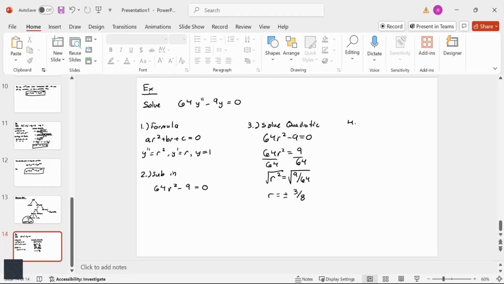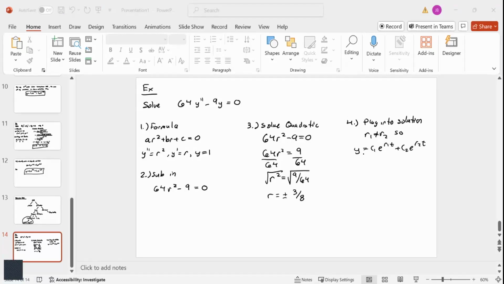And then step 4 is plug into solution. So r1 does not equal r2, so y is equal to c1 e to the r1t plus c2 e to the r2t. And then now I just plug in R1 and R2.